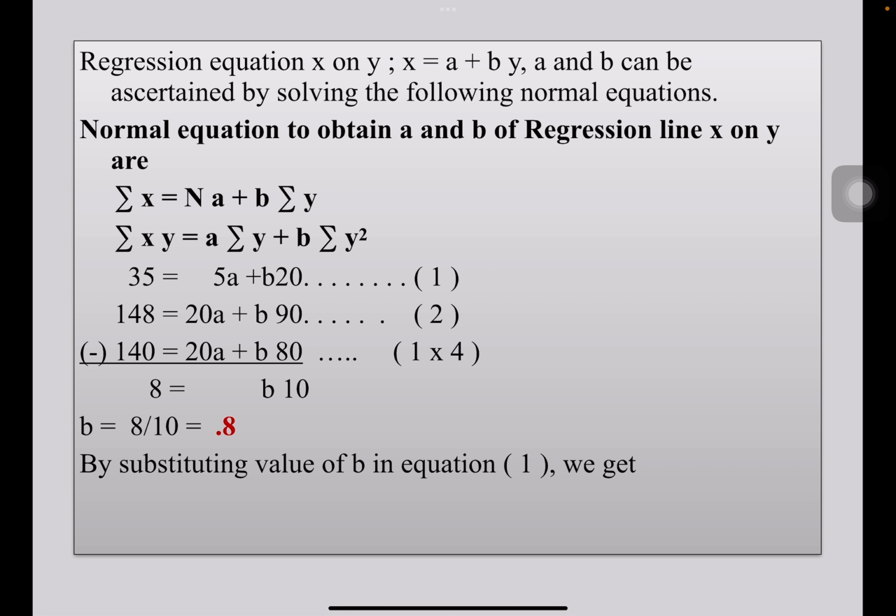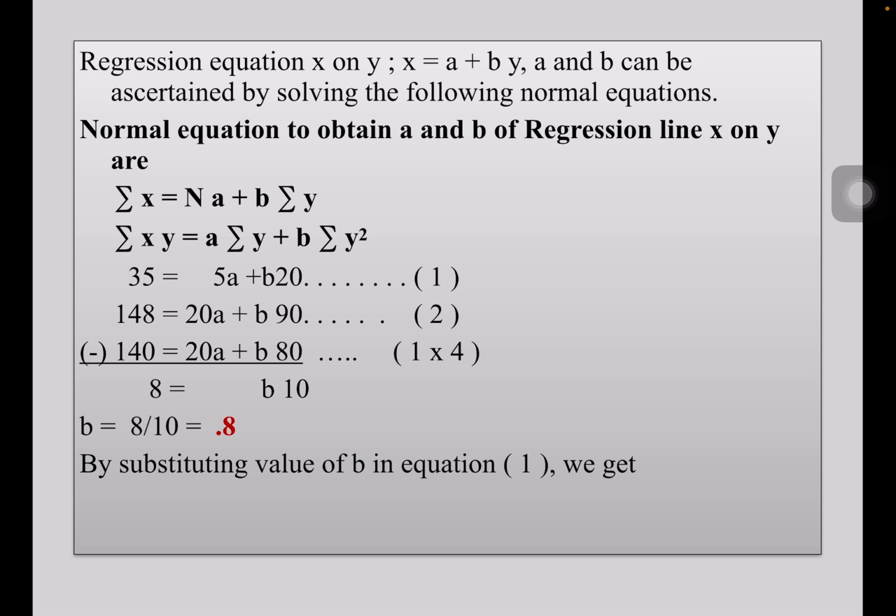Now, substitute them in the normal equations. Now we are doing x on y, x is equal to a plus by. Here a and b can be ascertained by solving the following normal equations. So, by using normal equations only we will get the value of a and b.